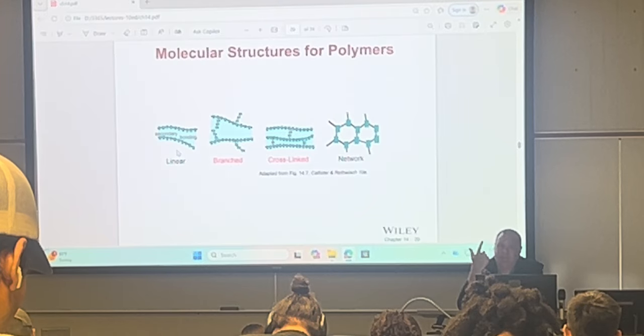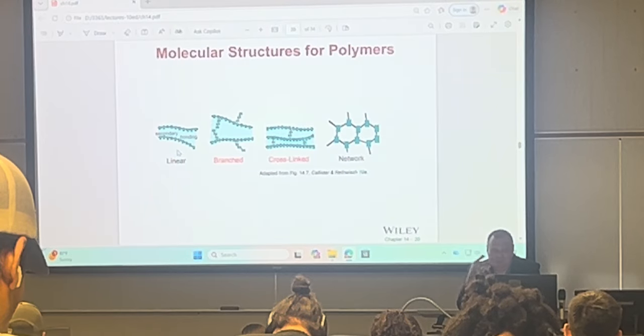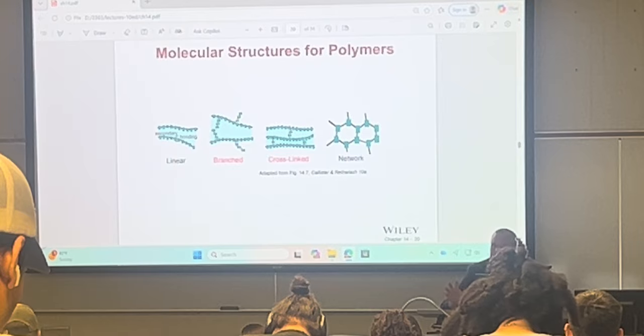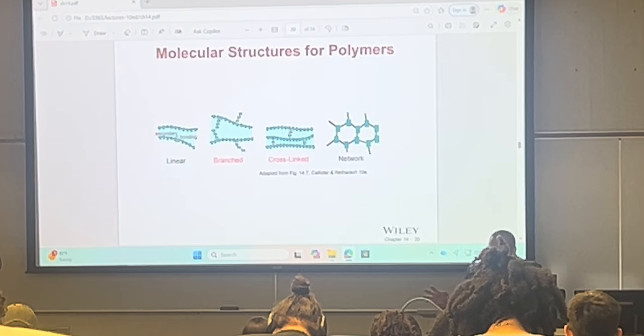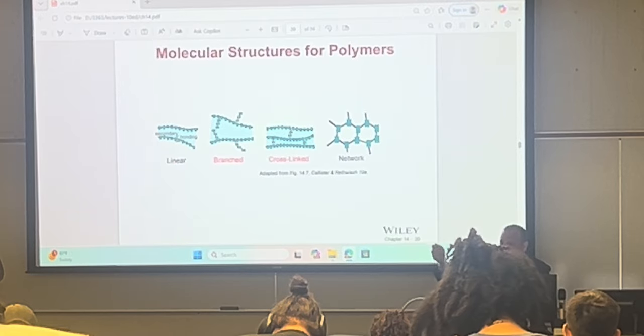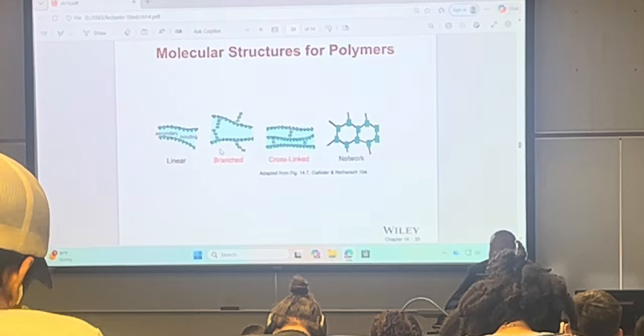So inside the polymer chain, the bonding is covalent, but between the chains, it's secondary bonding, so it's weak. And that's my analogy, my model of the spaghetti that is stale and left over in the fridge that you didn't finish, and they stick together, they're still moist, but you need to separate them from each other. Those polymers can become branched.